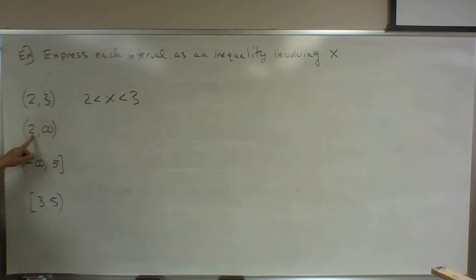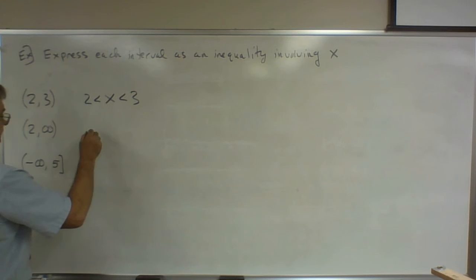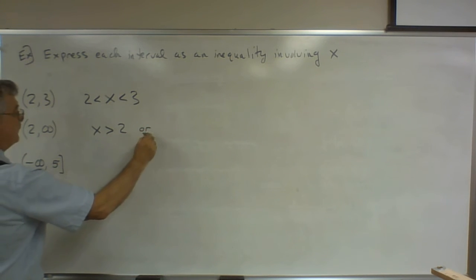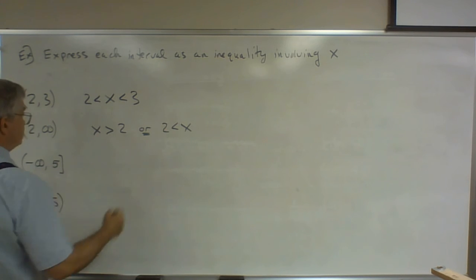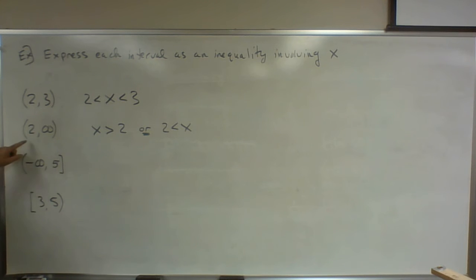This says x can be anything greater than 2 and less than infinity. So in other words, x is any real number greater than 2. So we can write it this way or that way. And the round parenthesis next to 2 tells us that x can't be equal to 2.